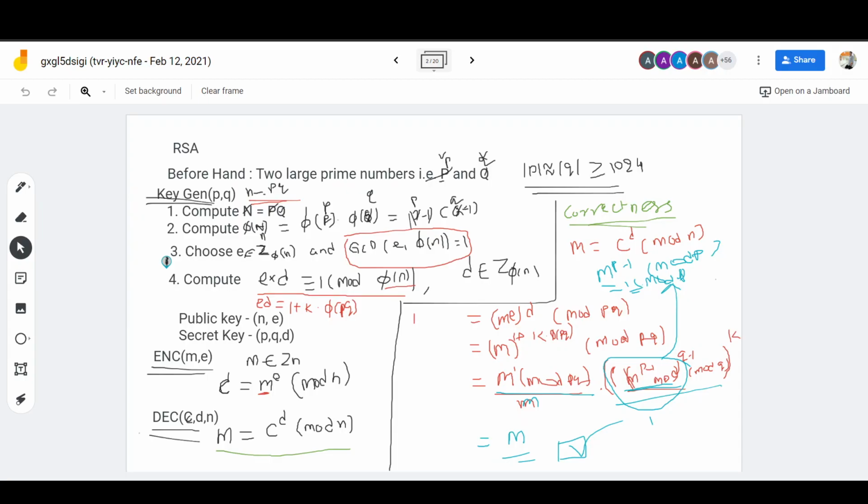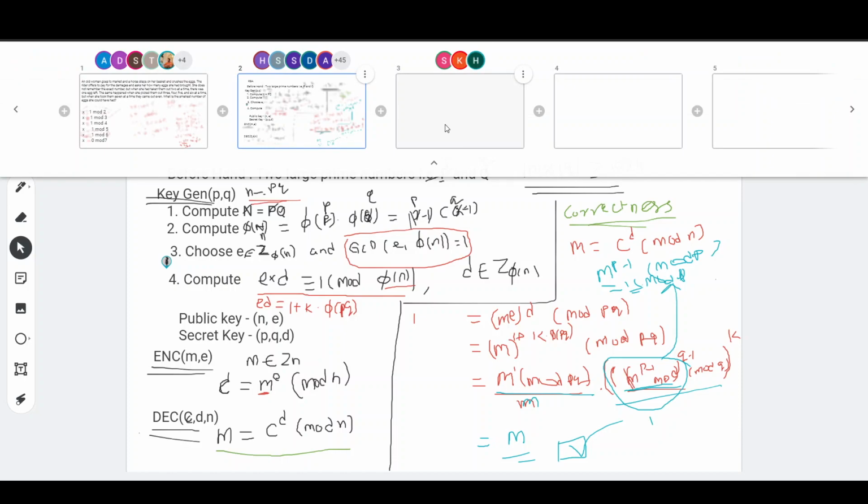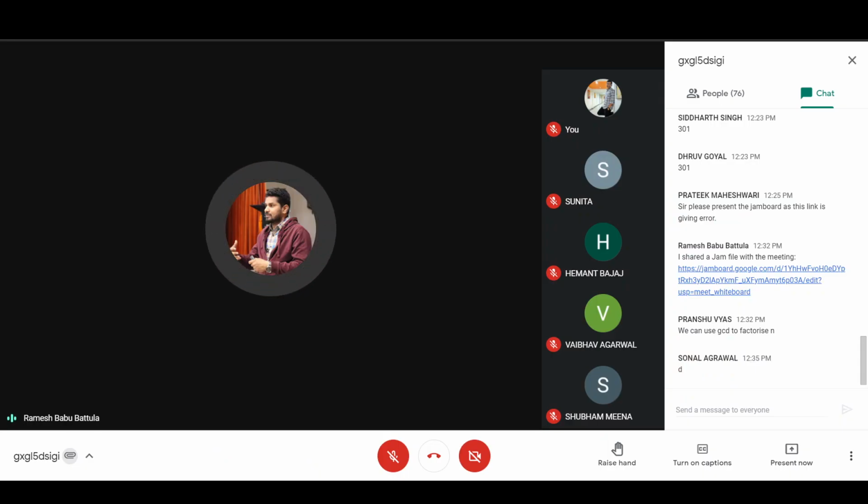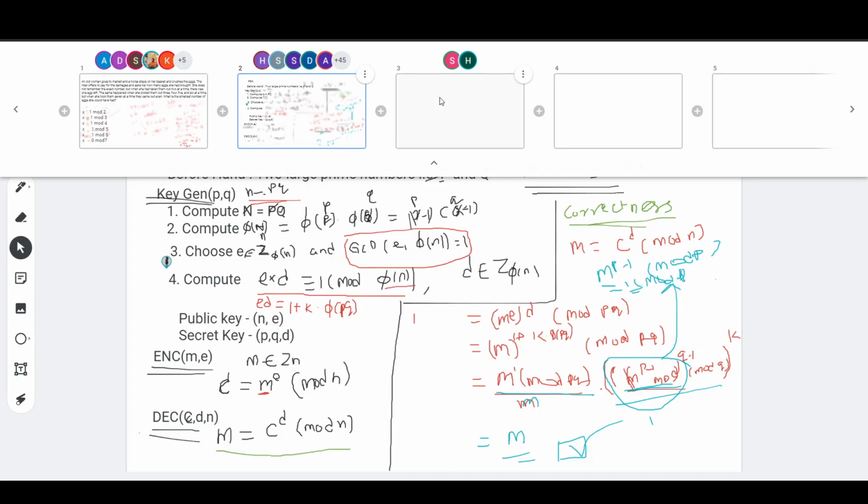Okay, now we try to solve some problems based on this algorithm. I think most of you understand this algorithm, so we try to solve a few problems on it. Why? Because this is the most interesting and important algorithm for you.